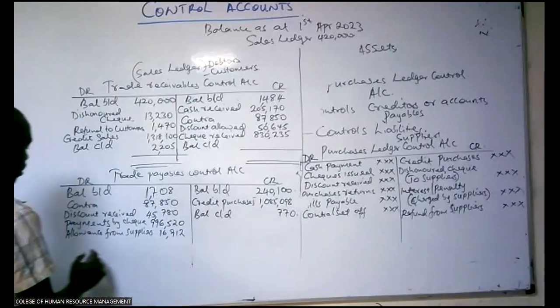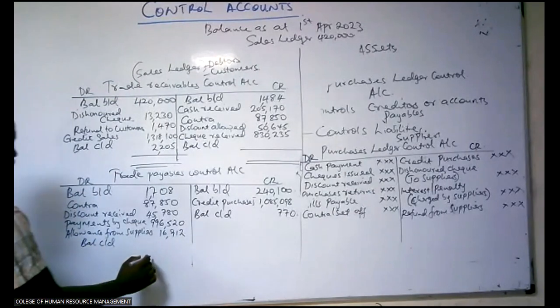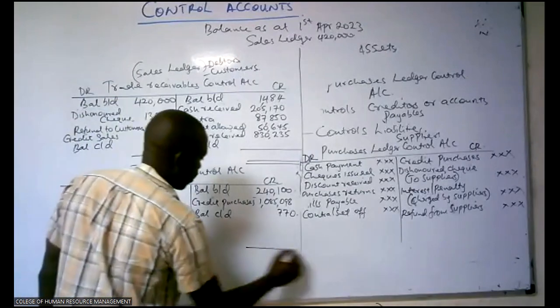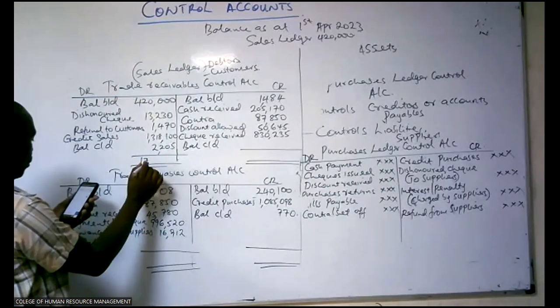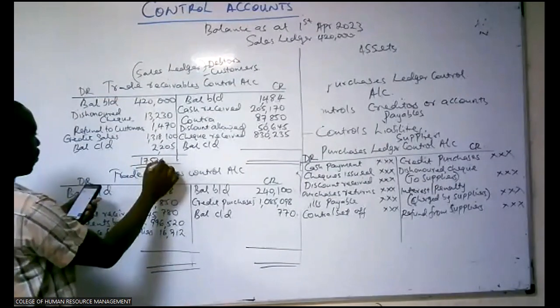How much are you getting? Don't you have your calculators? 20,000 plus 13, 30 plus 13, 80, 100 plus 22. I'm getting 17,535.